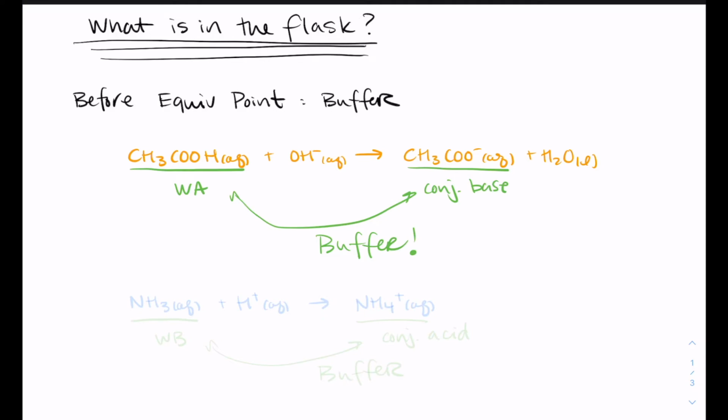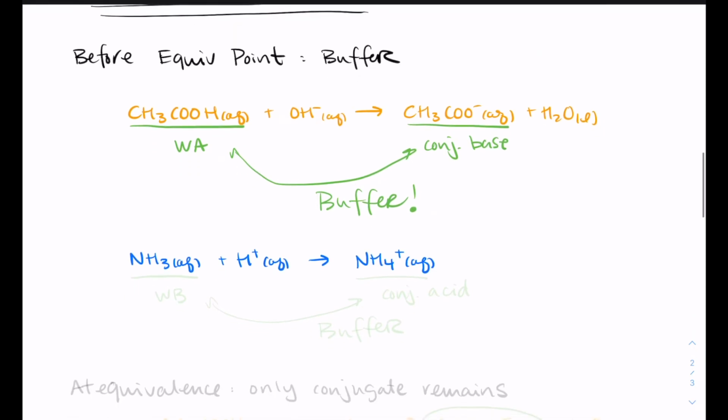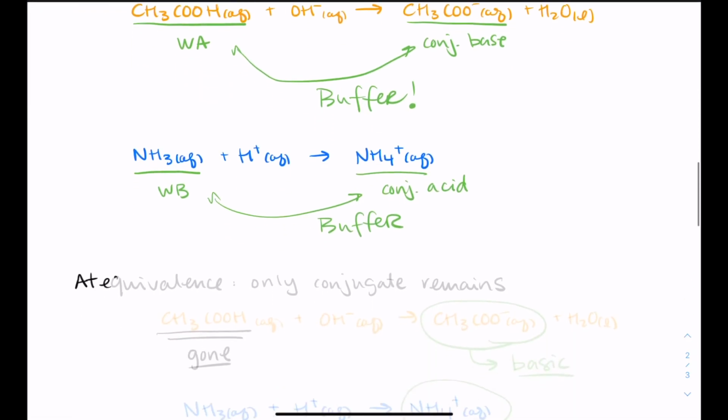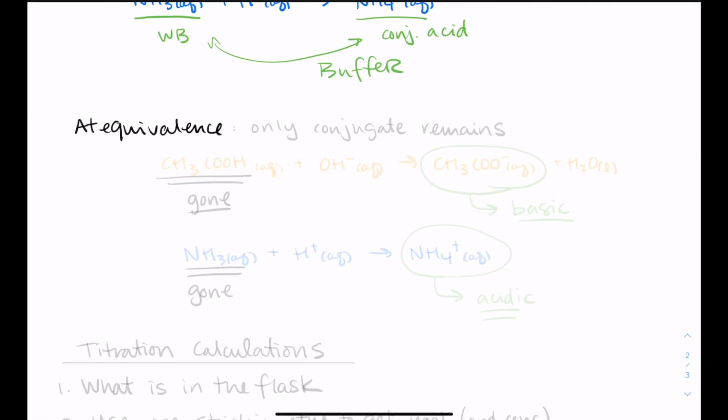So the acetic acid acetate combination makes that a buffer solution. If I were titrating ammonia with a strong acid, which I can just write H plus because if it's a strong acid, it's completely dissociated, then ammonium would be my product, which is the conjugate acid of ammonia. When you get to the equivalence point, only the conjugate remains.